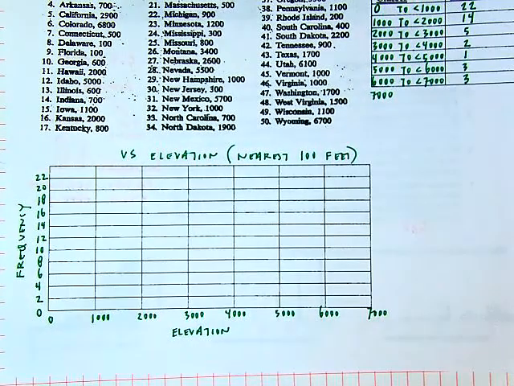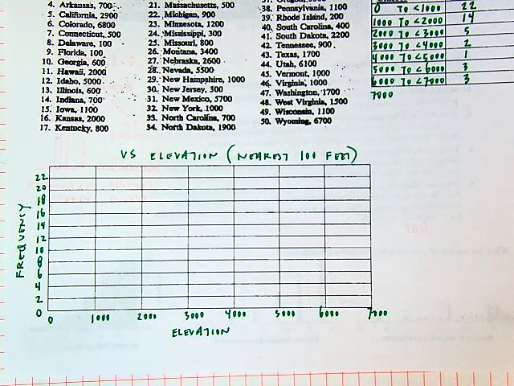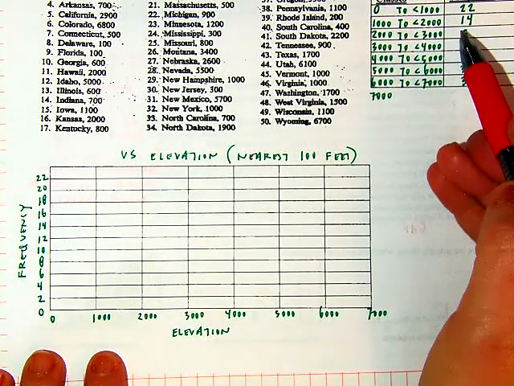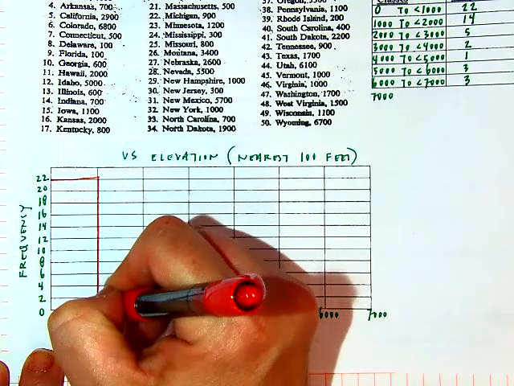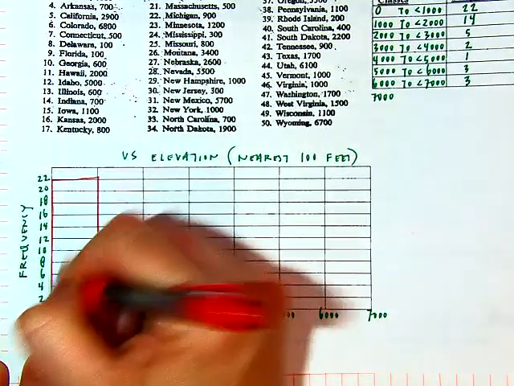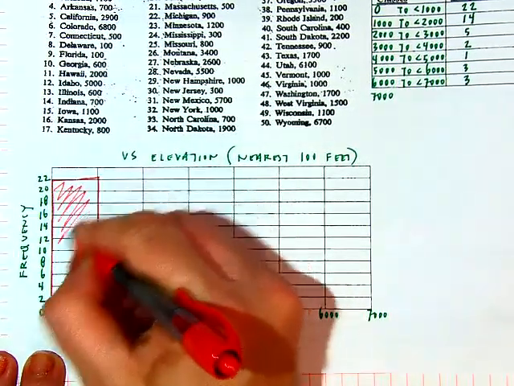Okay, now I'm going to put in my bars. One other thing I want to emphasize is that with a bar graph, we always have spaces between our bars. We do not do that for histograms. We keep them smushed right next to each other. So my first one is 22, right here. Again, if you have a straight edge, that would be ideal. Just trying to go fast.